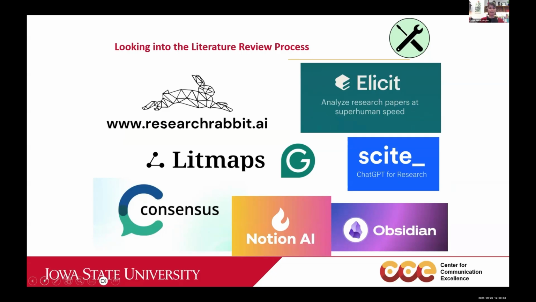A lot of librarians have looked at them and critiqued them and come up with good ideas for how they might be integrated into a literature review. So these are some of the ones that I think have a little bit more credibility as far as literature review tools. I also have the Grammarly logo here. That one has less credibility, but there's a good reason why I put it there, and I'll tell you what that is later on down the road a little bit.